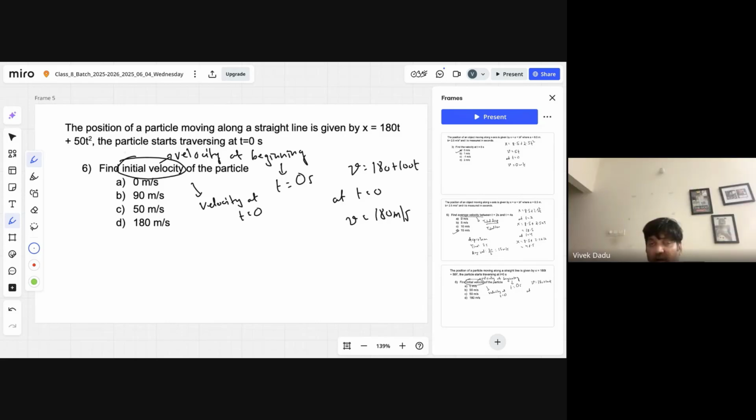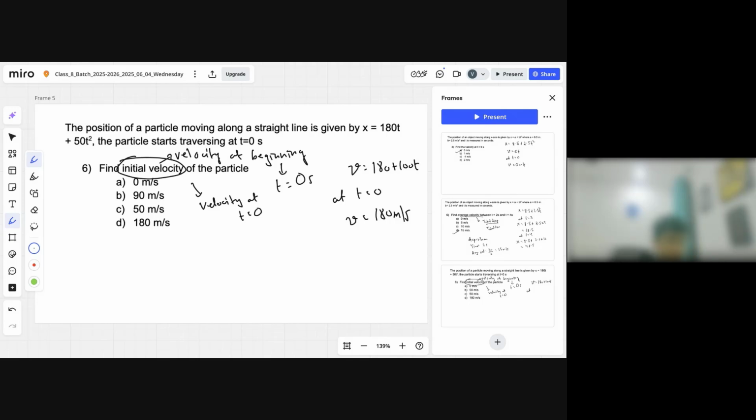If you record the motion of the same particle before the bomb blast, it's 0, because the bomb might have been kept stationary. So you never know where to start. But it's given, that's why this relation is given. If you go by the relation and math, then its initial velocity was 180 meter per second. Okay. Yes. Next.